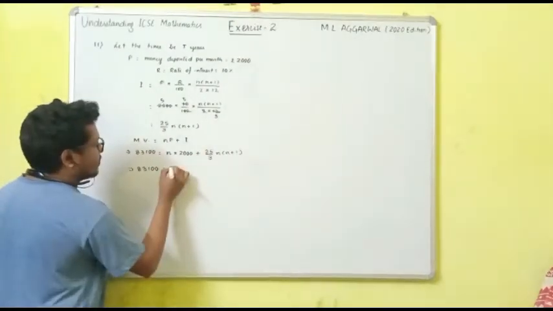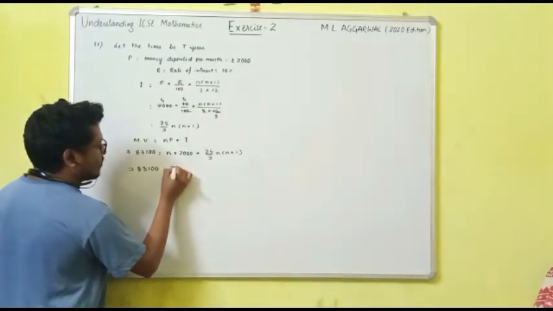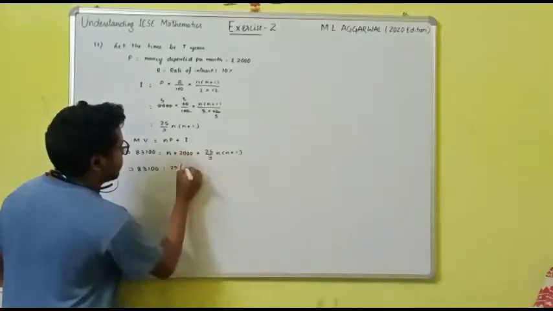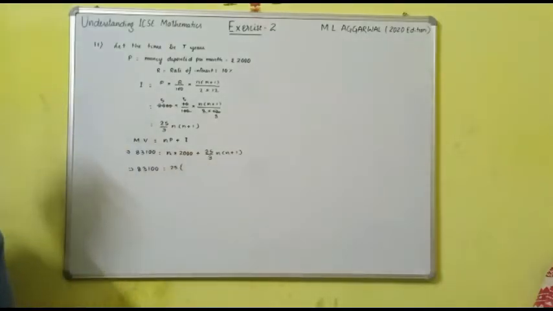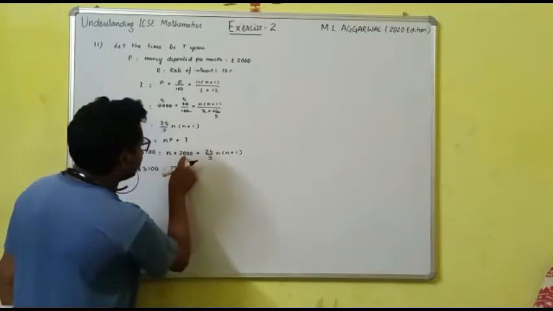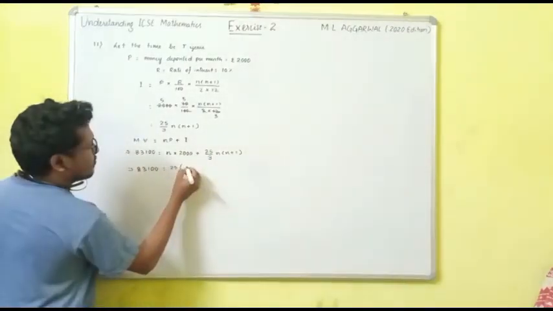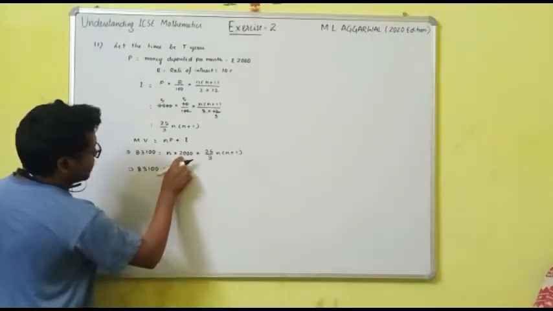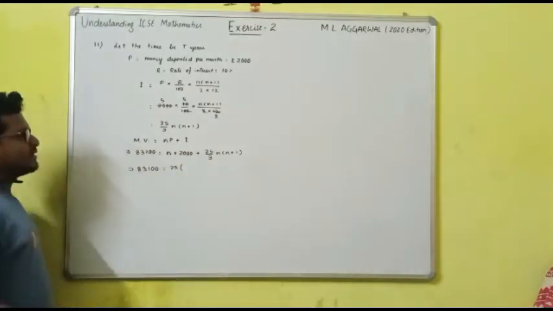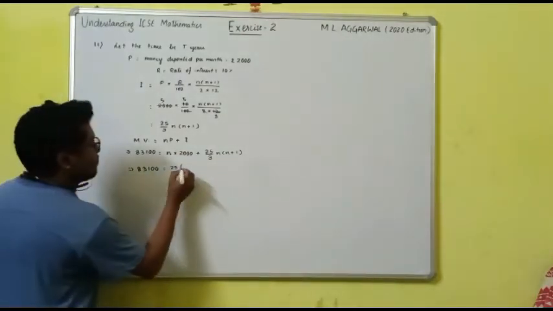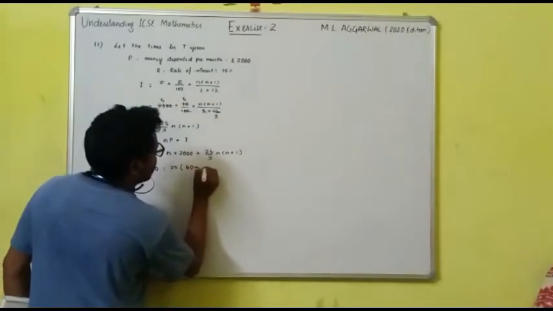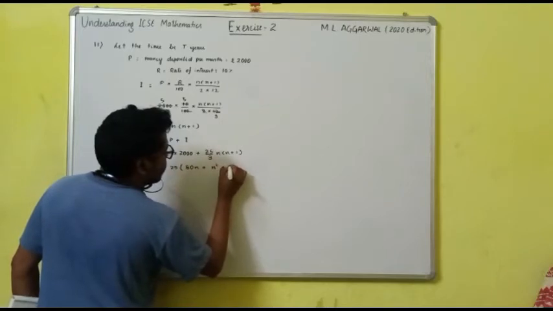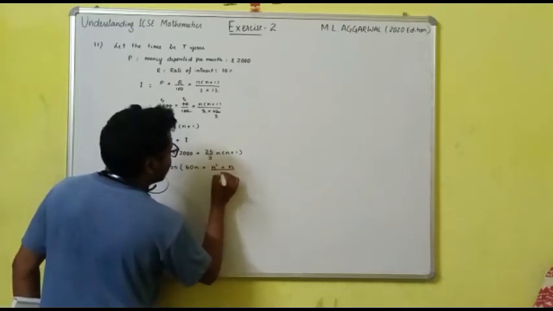Now you take 25 common from here. If you take 25 common, then 25 into 8 is your 200. So it will be 80n plus n square plus n by 3.